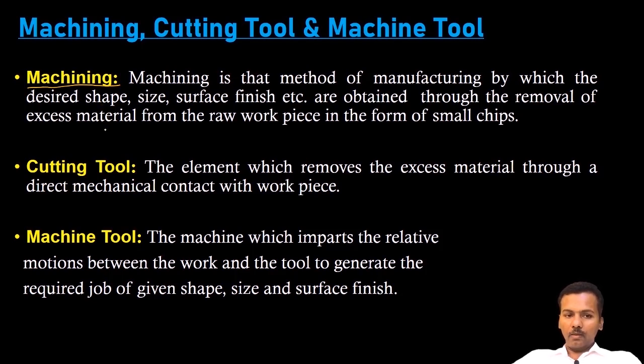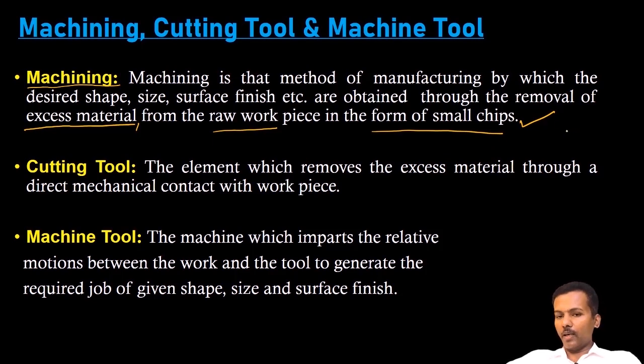So we can define the machining process as that process, that method of manufacturing through which desired shape, size, surface finish are obtained by the removal of the excess material, undesired material, unnecessary material from the raw workpiece in the form of small chips. And as we see, the chips may be small, smaller and smallest, all will come into the single category of the machining process.